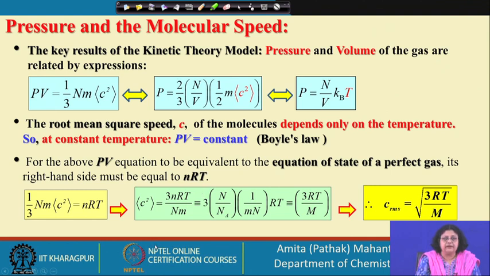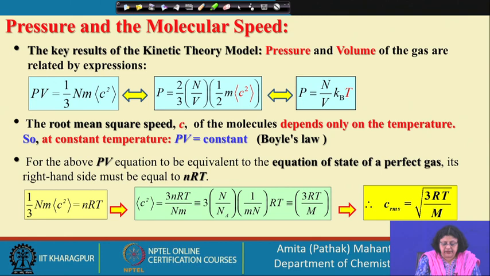From there, what I am trying to find out is the expression for the root mean square velocity. Root mean square velocity is going to be given by, from here you can understand, nRT divided by m into capital N, with the 3 in the numerator.